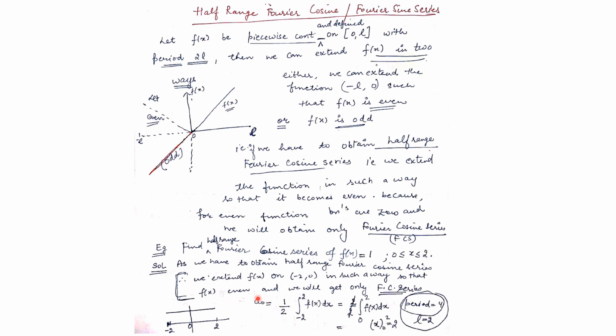So the value of a0 will be 1 over half of the period, integration minus L to L. But in this case our function is defined on 0 to L. So we will write twice this formula from 0 to L because our function is an even function. So directly we write the value of a0 to be 2 by L integration from 0 to L f(x) dx. Just simplify this, we will get the value of a0.